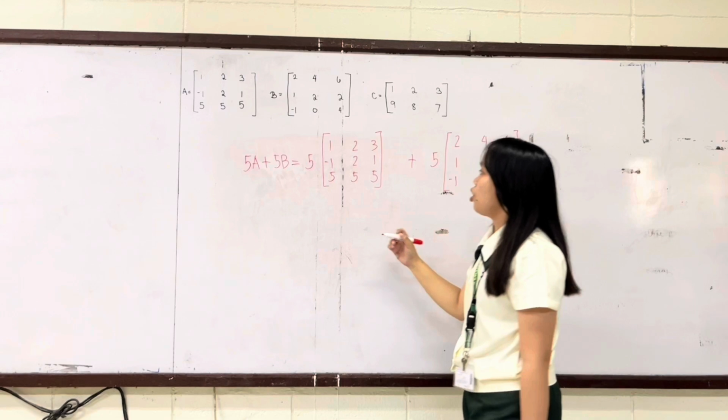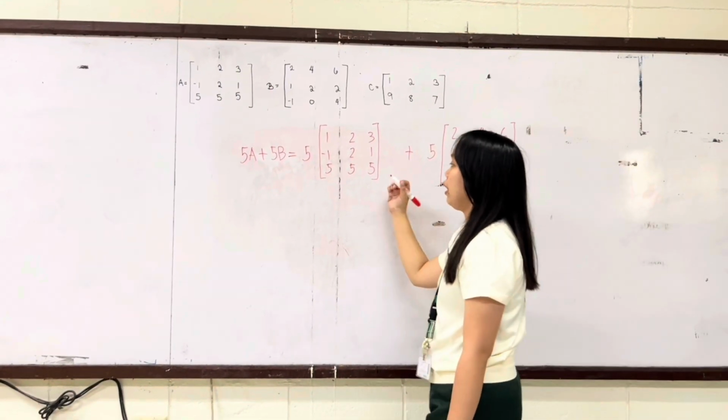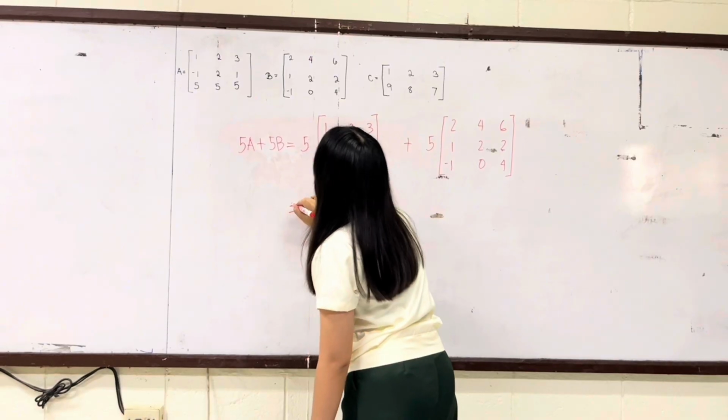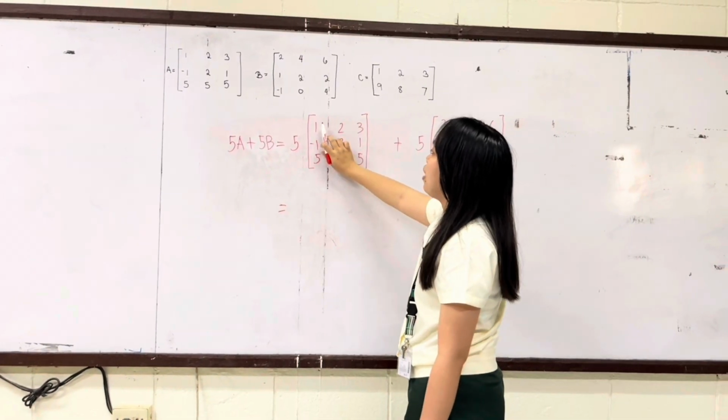Okay, so in here we will apply scalar multiplication as discussed earlier. We simply multiply 5 in each of the values of the matrix.